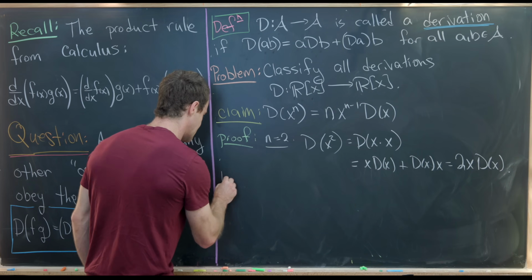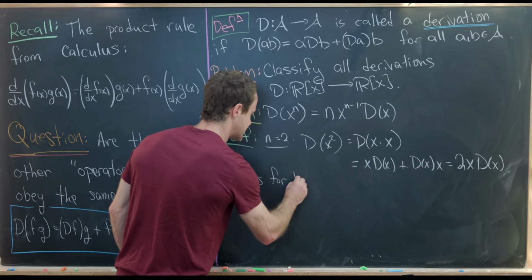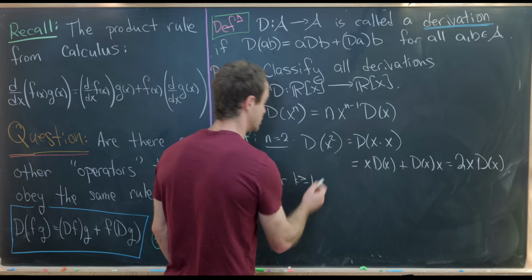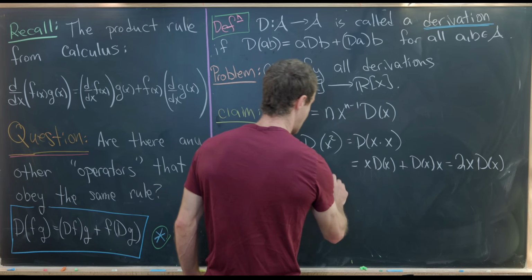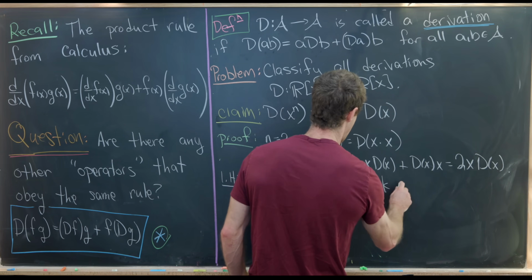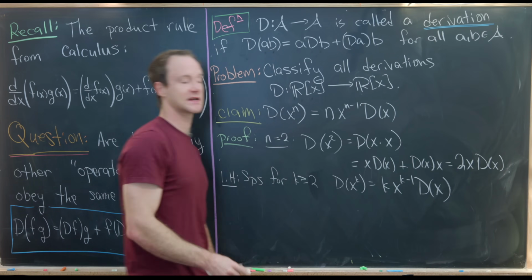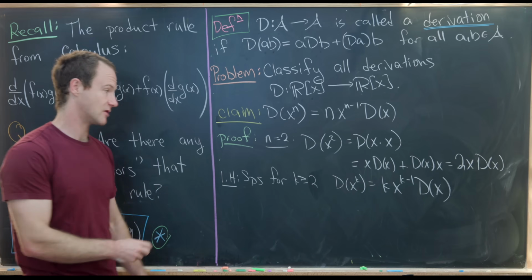Okay, now let's make an induction hypothesis. So we'll suppose for some k bigger than or equal to 2, we have d evaluated at x to the k is equal to k times x to the k minus 1 times d evaluated at x. And then make our induction step.